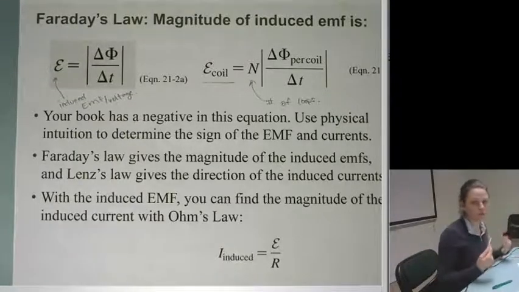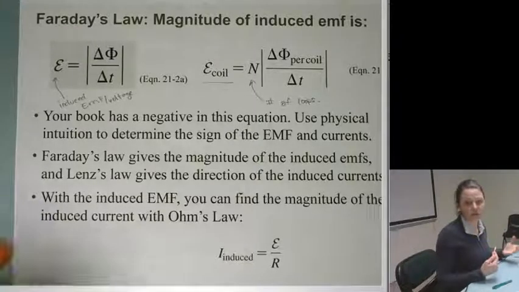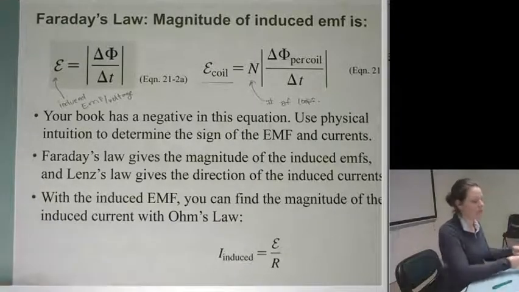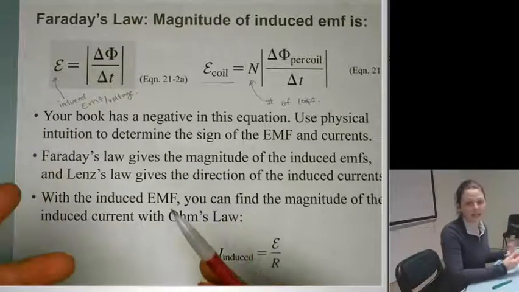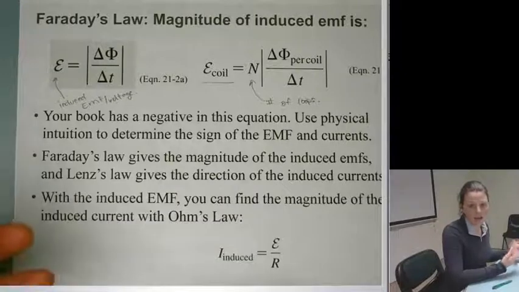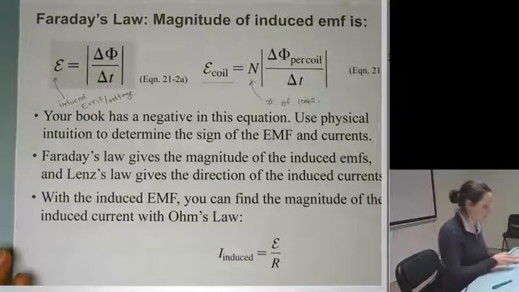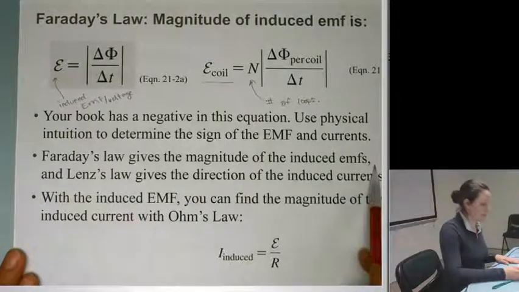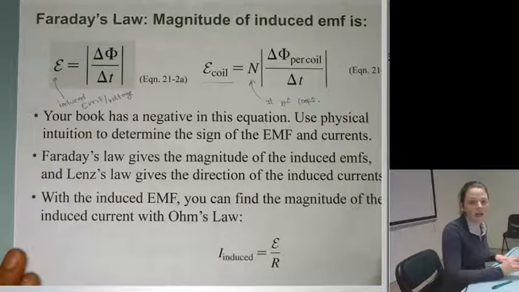I think you use your brain to figure out the direction of the current and the direction of all of these things, and then you use the formula to figure out the magnitude. So I don't put the negative in there, because I use Lenz's law to figure out the sign. Faraday's law gives the magnitude of the induced EMFs, and Lenz's law, which is the procedure we were just working on, gives you the direction.